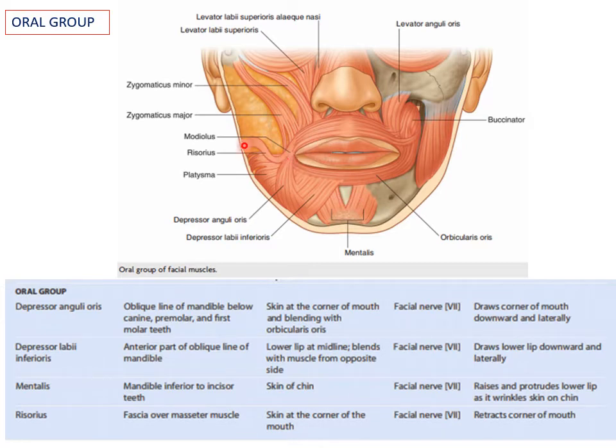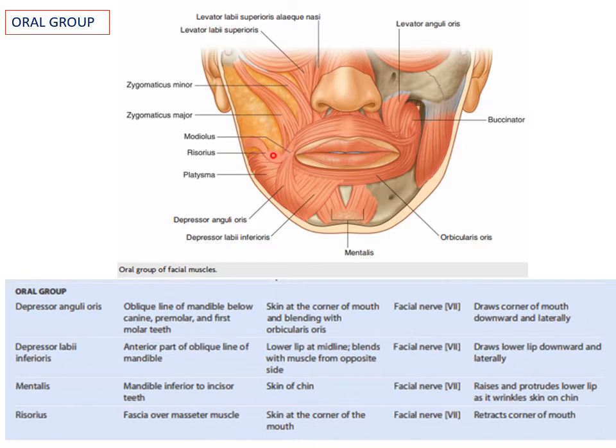Then the risorius muscle. The risorius muscle arises from the fascia of the masseter muscle. Here is the masseter muscle, and the risorius arises from its fascia and is inserted into the skin at the corner of the mouth.